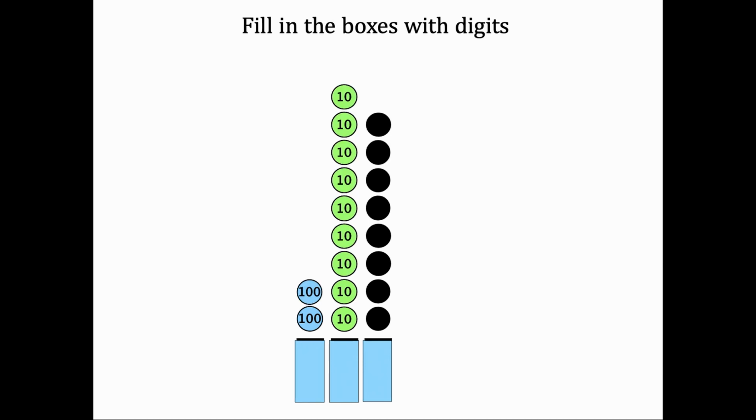What's this number? There are 2 hundreds. There are 9 10s. There are 8 1s. The number is 298.